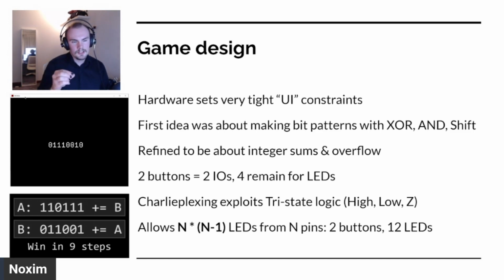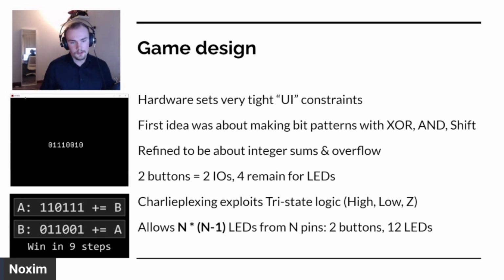But you can also set it to an input state, called floating or Z, where it basically acts like nothing is connected to that pin. And if you wire up your LEDs in a certain way, you can get actually way more controllable LEDs out of N pins. You can't light them all on at the same time, but if you flicker through them fast enough, you can control quite a bit of LEDs.